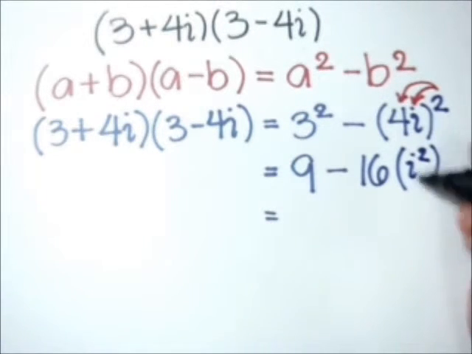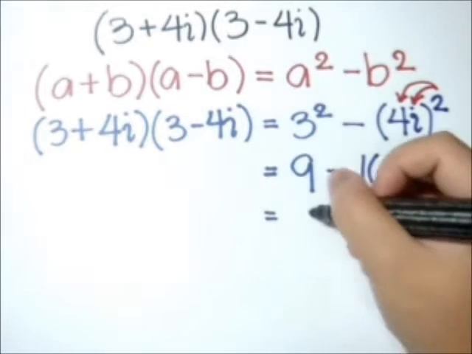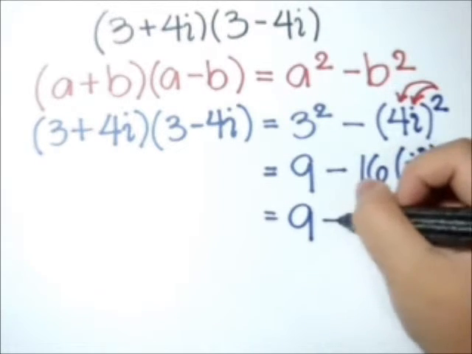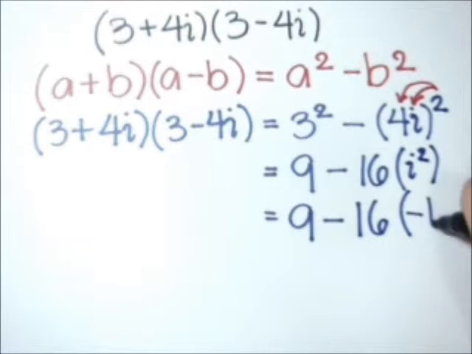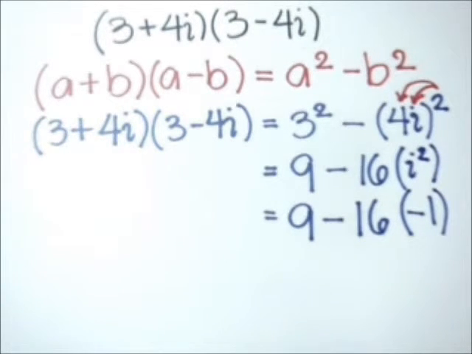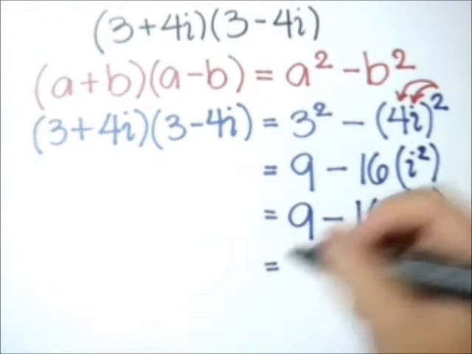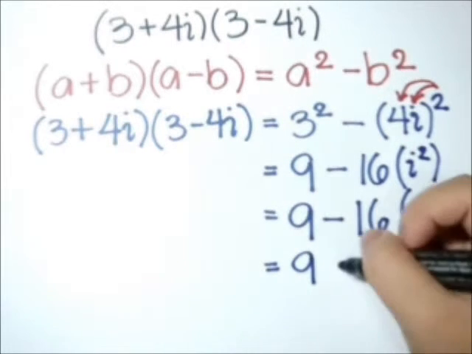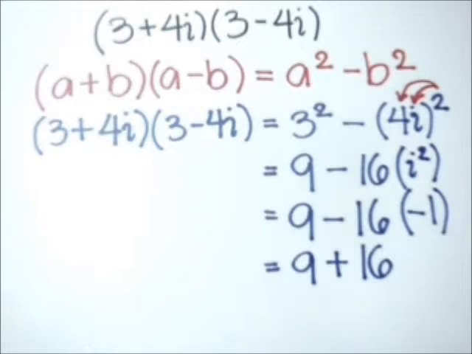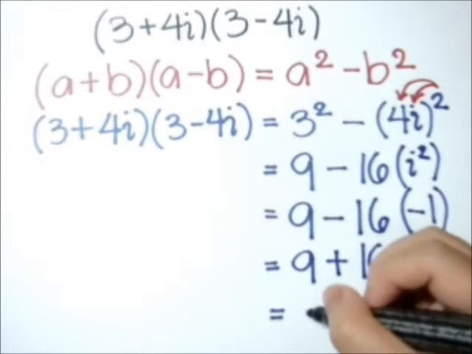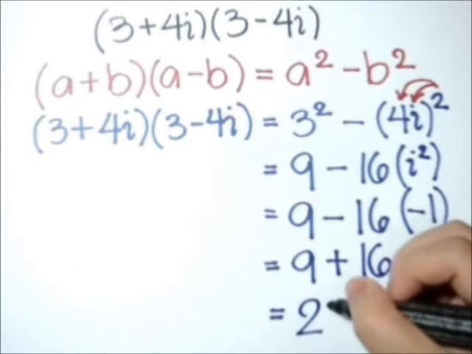Therefore, this is 9 minus 16 times -1, which would then equal 9 plus 16, adding up to 25, which is our final answer.